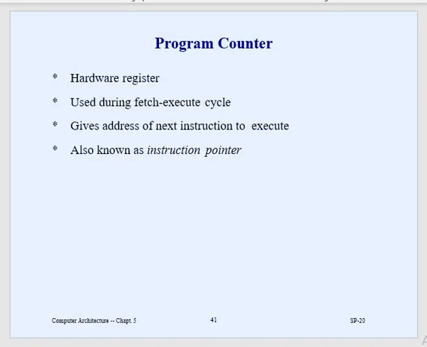The computer has a special hardware register which is called a program counter. It is used during the fetch execute cycle. As I told you in chapter 4, no matter how complicated or complex a program is, at some point every computer program runs in a fetch and execute cycle. The program counter gives the address of the next instruction to execute.